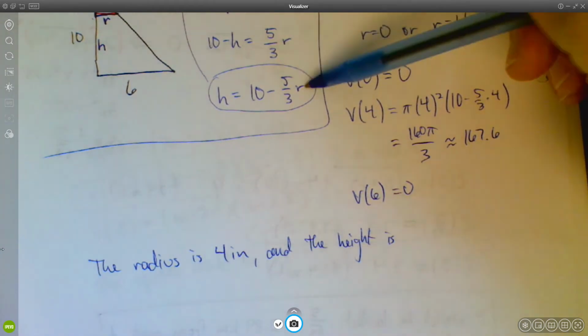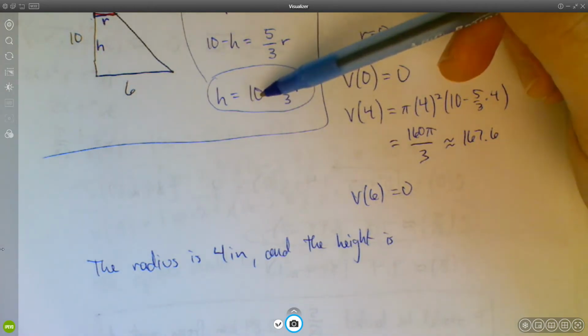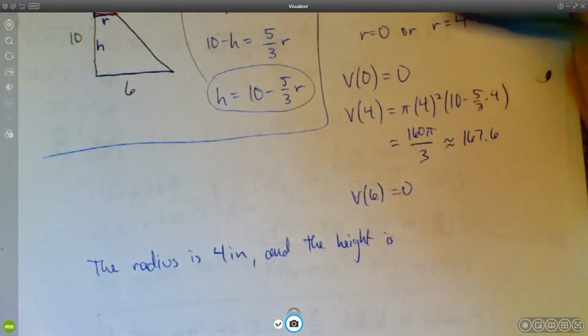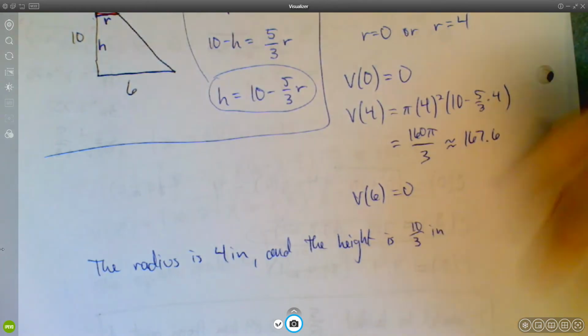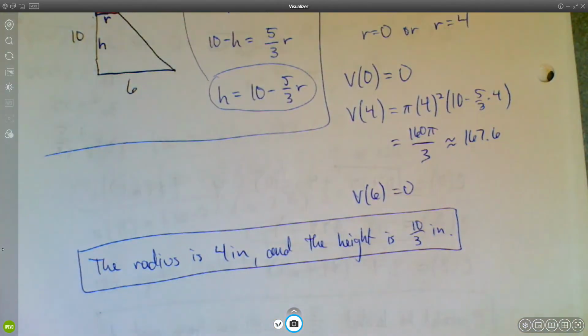So if r is 4, 5 times 4 is 20, so this would be 10 minus 20/3. That would be 30 thirds minus 20 thirds, so 10 thirds, and the height is 10 thirds inches. Okay, and there you go.